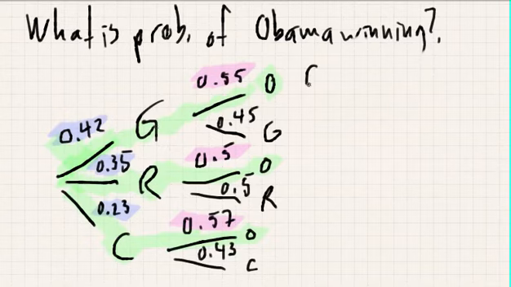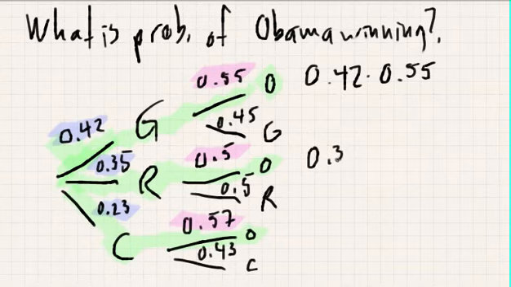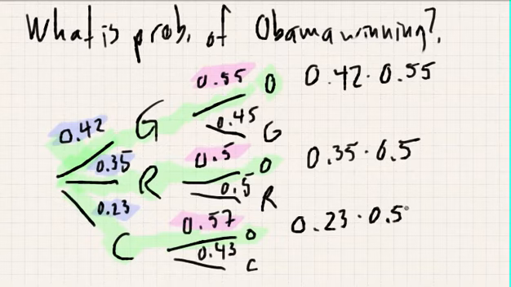So let me just erase this here so that I can write all of these numbers. The probability that Gingrich is the nominee and Obama wins is 0.42 times 0.55. The probability that Romney runs and Obama wins is 0.35 times 0.5, and the probability that Cain gets the nomination but Obama wins is 0.23 times 0.57.